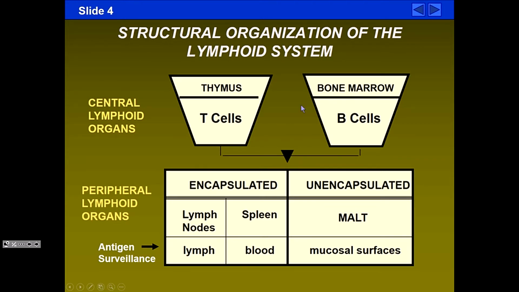Both of these then exit into the peripheral lymphatic tissue, where they may reside as loose connective tissue, aggregated in mucosal surfaces, or in the spleen and lymph nodes filtering lymph and lymphatic fluid.